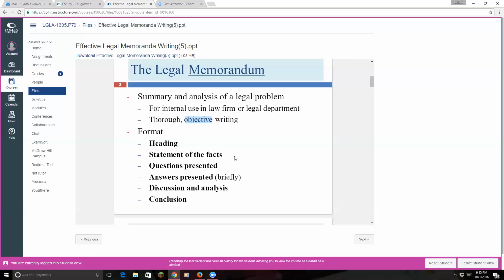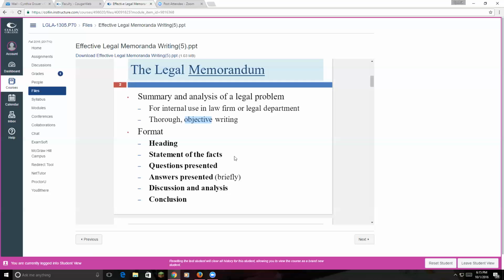Many law firms have what are called style books or style guides. And these are manuals that tell the people who are producing the documents, be they a word processor or a secretary or a paralegal or an attorney, how documents in this law firm ought to be prepared. And some of the answers to this question are going to vary significantly from one law firm to another.